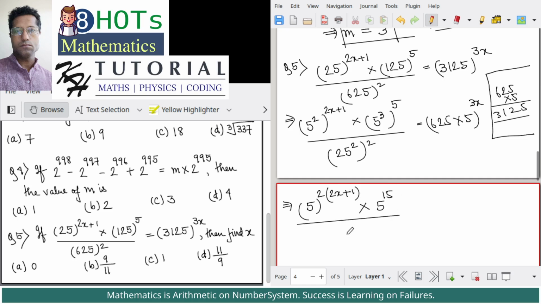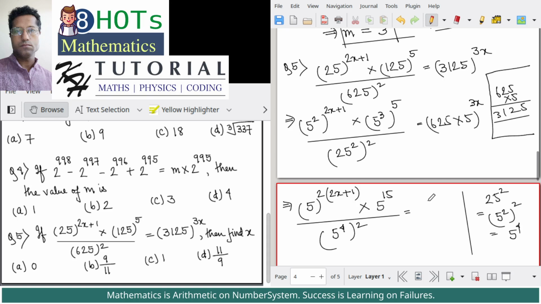This is divided by 25 square, and 25 square can be written as 5 to the power 4, because 25 square is 5 square whole square, which equals 5 to the power 4.